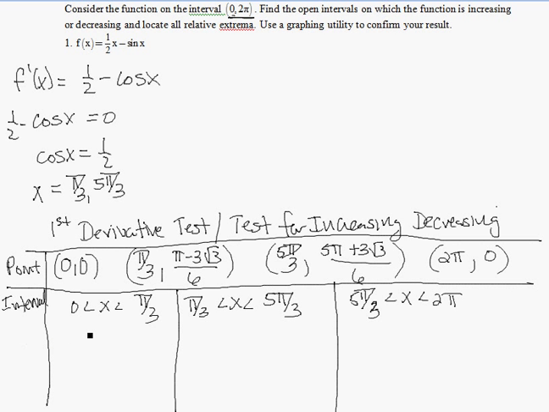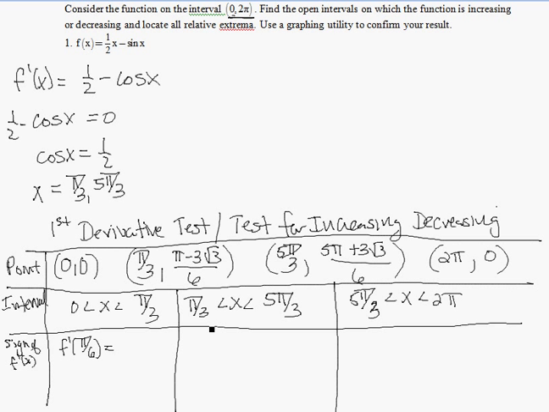So an x value that's between 0 and pi over 3 is pi over 6, so f prime of pi over 6. The easiest one between pi over 3 and 5 pi over 3 is pi over 2, or pi would work, or even 3 pi over 2. And lastly, between 5 pi thirds and 2 pi, the only really easy one to work with is 11 pi over 6.